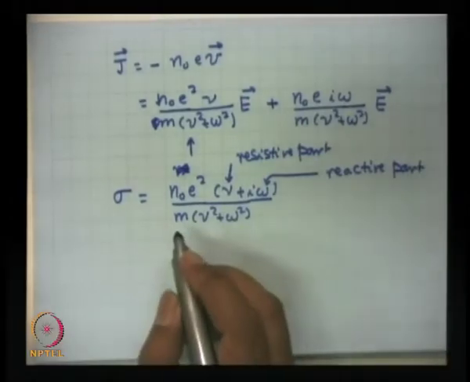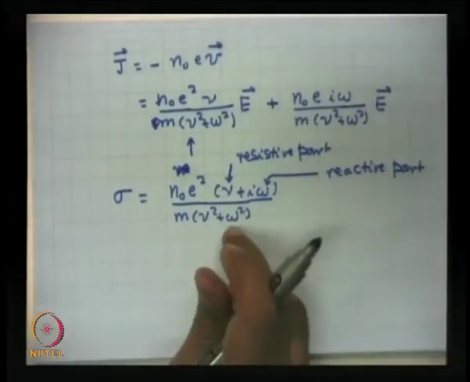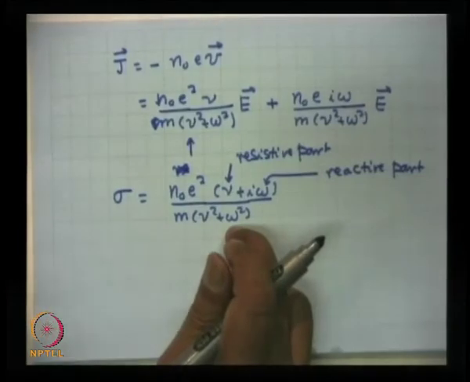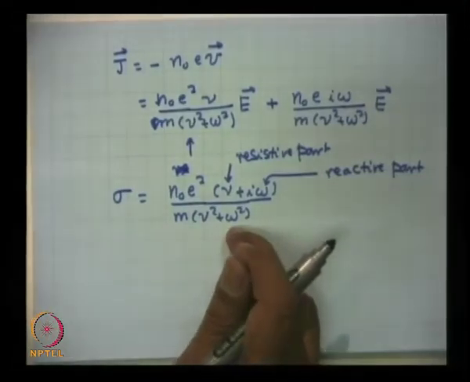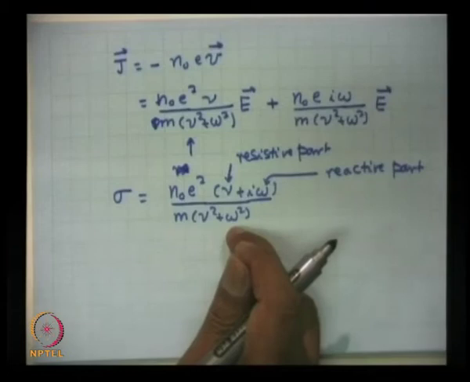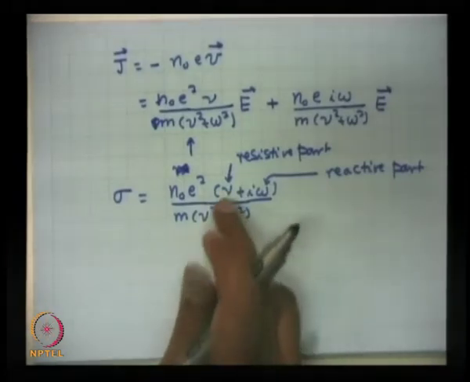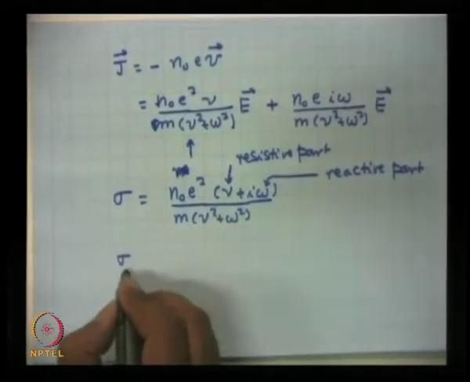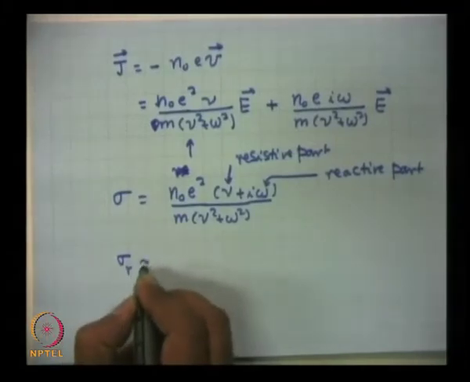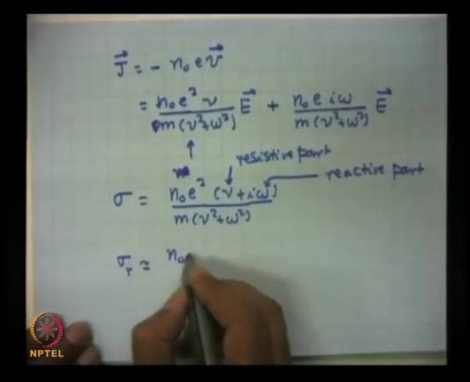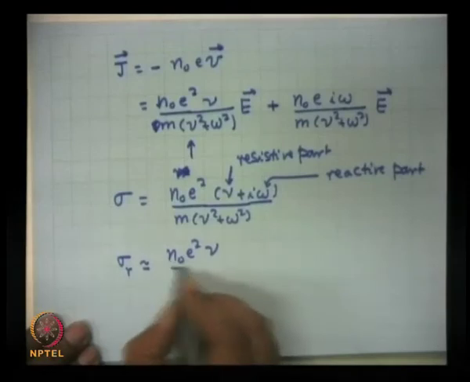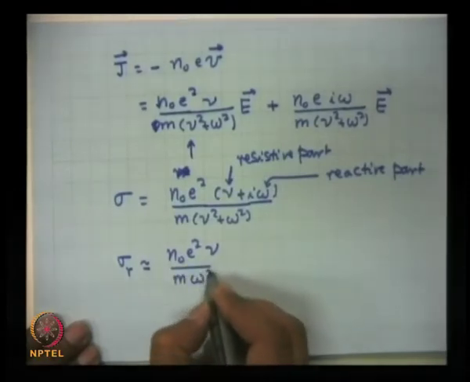Usually in plasmas, nu is very small as compared to the applied frequency, because you apply high frequencies, and their nu is very small. So, basically the resistive part is equal to n0 E square nu upon m omega square.